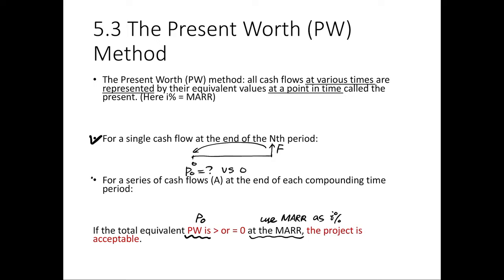Another case is you're going to have cash flows every year, so you're going to have annuities. Could be earning, could be spending. You want to convert all of this back to present time, calculate P0 and compare that with 0. Okay, so this is very easy to understand.